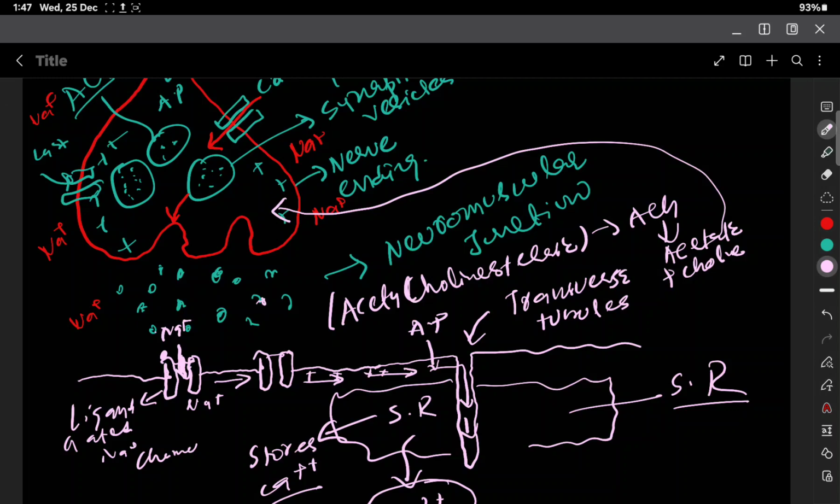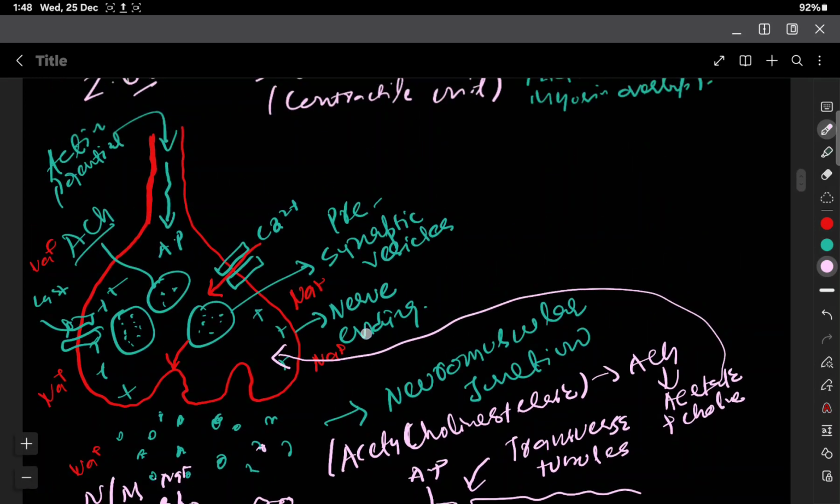Here there is also the presence of receptors. There can be nicotinic or muscarinic receptors, either N receptors or M receptors, which we will be studying in pharmacology. Nicotinic receptors can be NN or NM, and muscarinic receptors are M1, M2, M3, M4 and M5. So there are various receptors here.